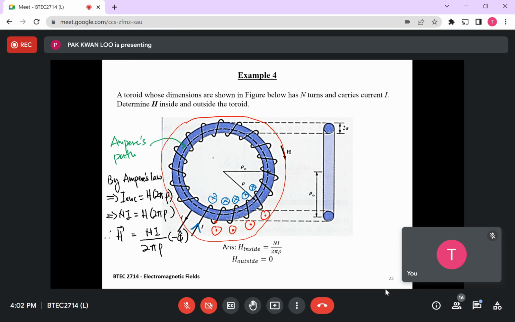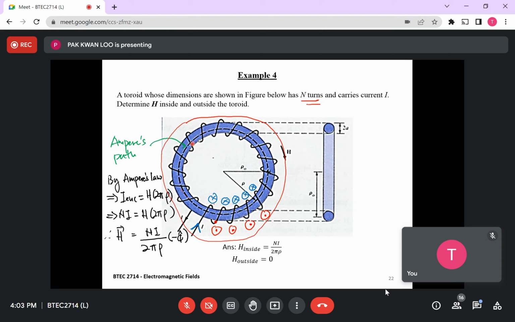If you walk along this path, I have n turns, so anywhere I walk along this path the current distribution will be the same.